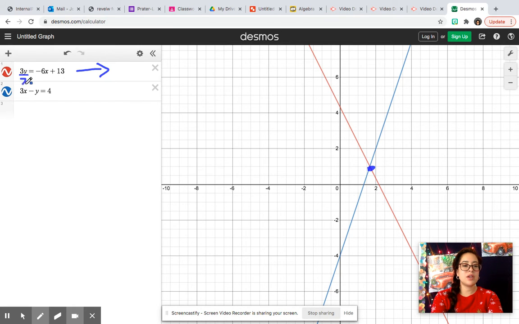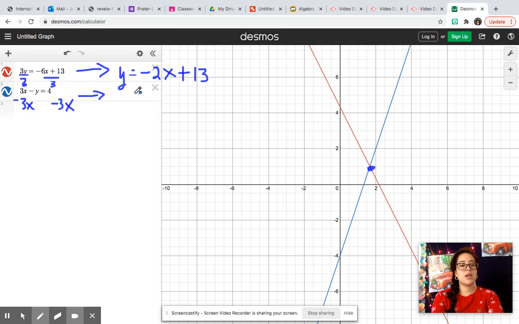That's easy. I would divide by 3 on both sides, and then I get y equals negative 2x plus 13. And for this one, I would have to subtract 3x from both sides.